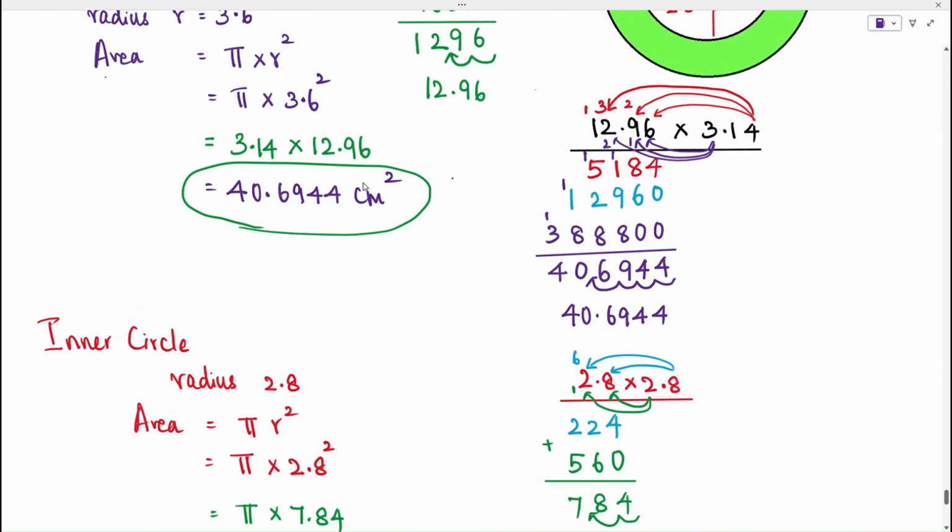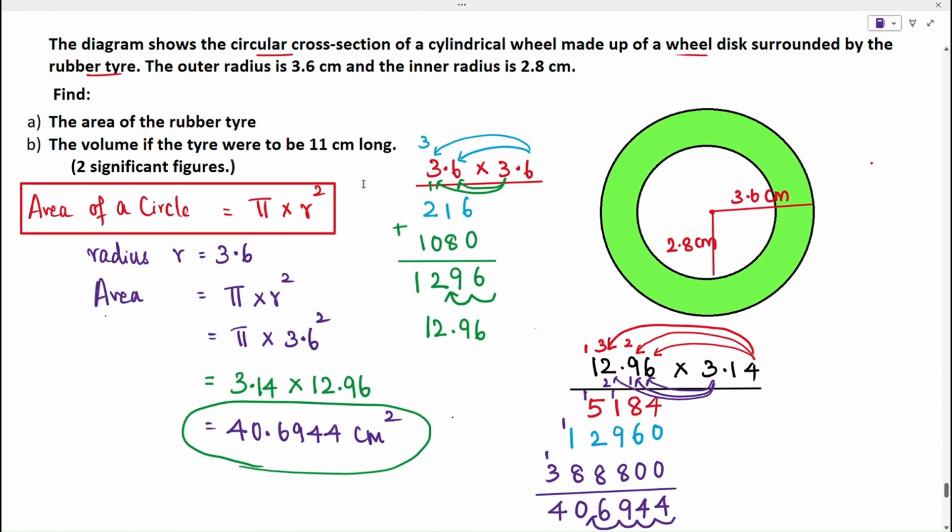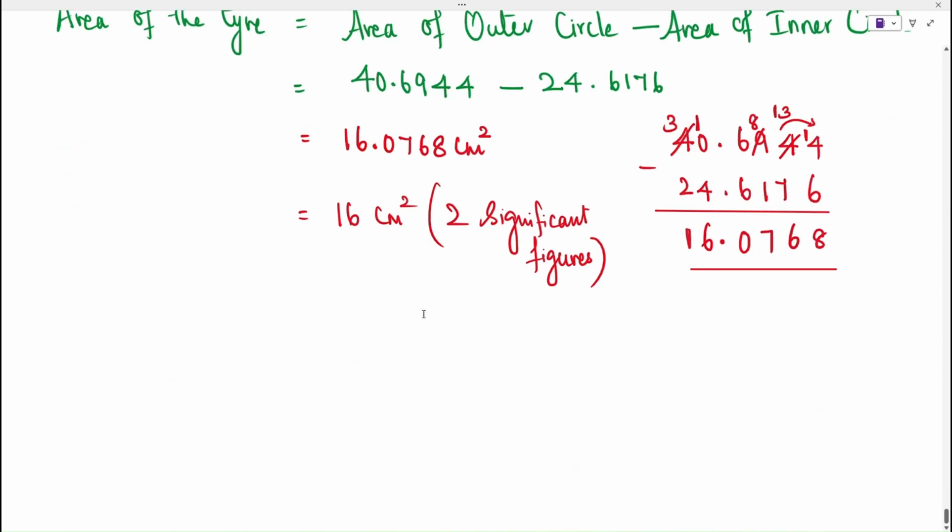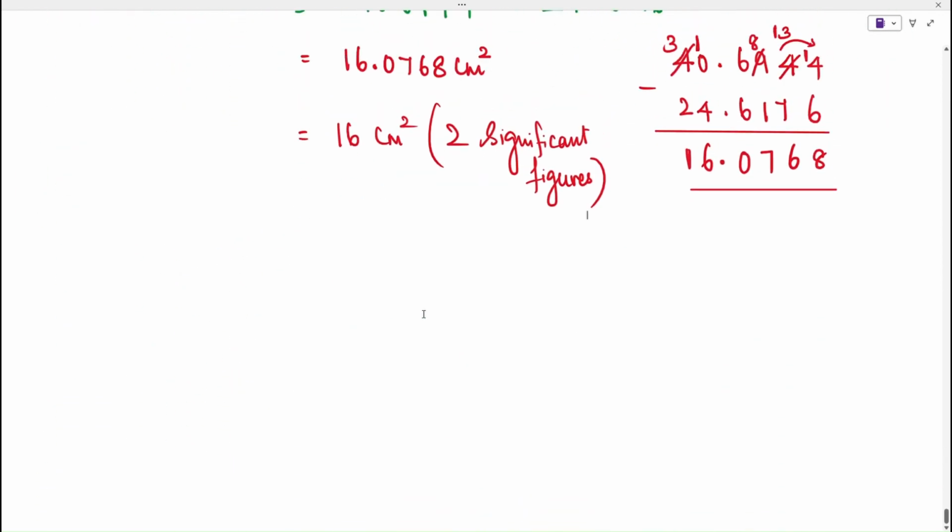Now we're going to approach part B. So we have to find the volume if the tire were to be 11 centimeters long. So we have our area of our tire, which we have got as 16 centimeters squared.